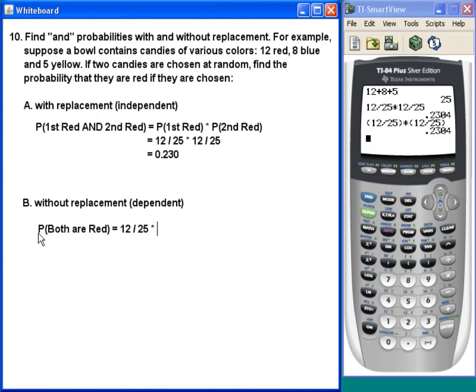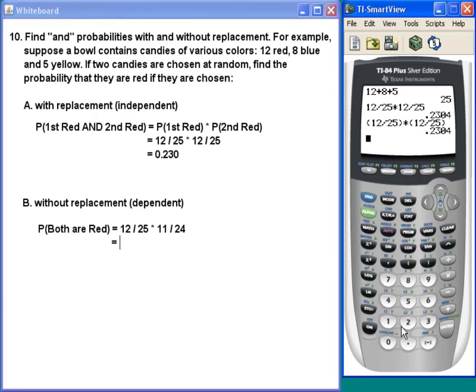But we didn't replace the first one, so now there's 11 red candies and only 24 remaining candies. So 12 out of 25 times 11 out of 24. So 0.22.